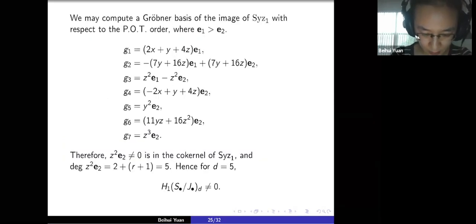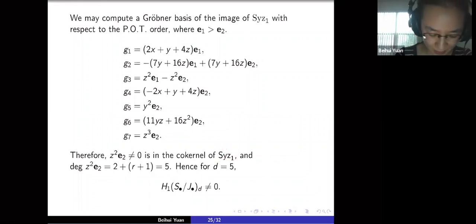After our computation, the result is like this. We have 7 elements, and the last one here equals z cubed E2. So we claim that z cubed E2 is non-zero in the co-kernel of this map.